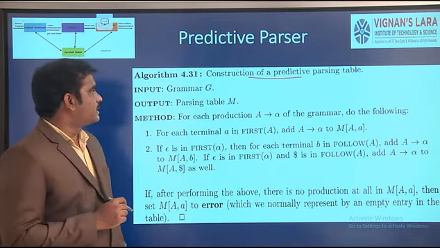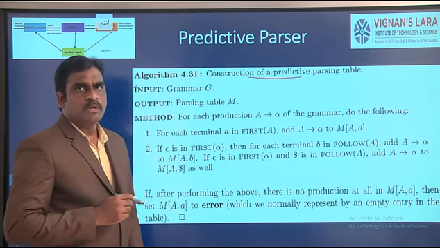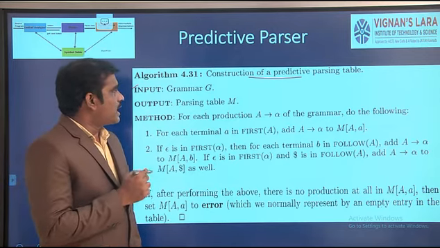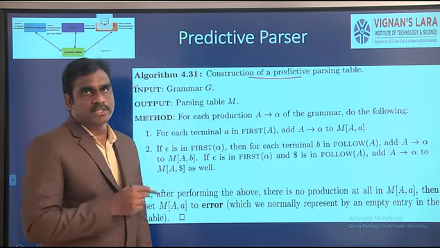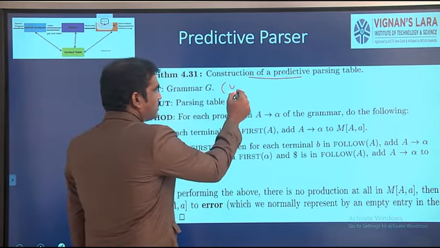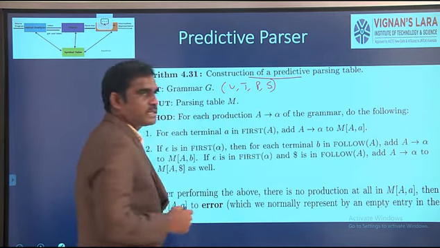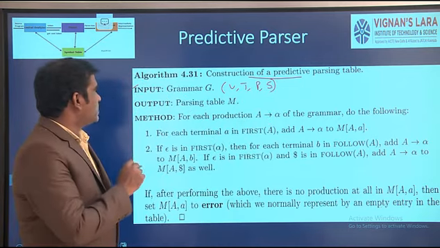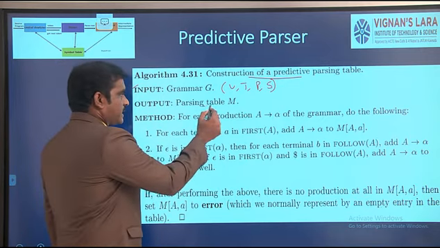In this algorithm, the input is the grammar. All of you know that the given grammar should be a context free grammar. The grammar contains variables, terminals, productions and a start symbol. So this is the input, and we will get the parsing table.